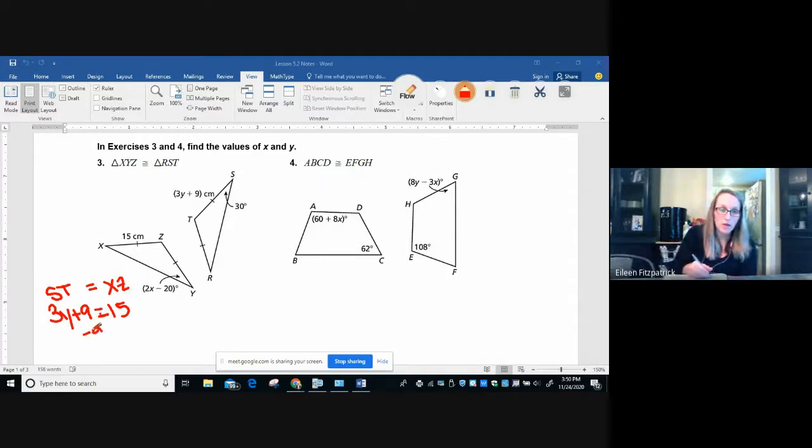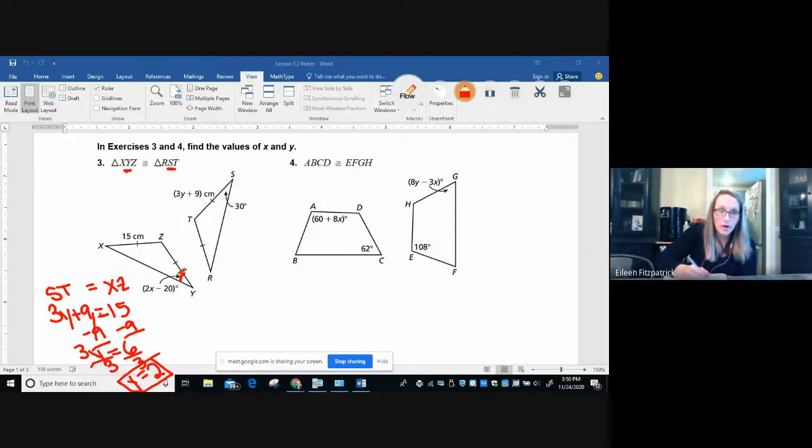So I'm going to subtract 9 from both sides. So I'm going to have 3Y equals 6, divide both sides by 3, and you get Y is equal to 2. Okay, and then angle S, look at the letter order in the name. Angle S, middle letter, angle Y, middle letter.